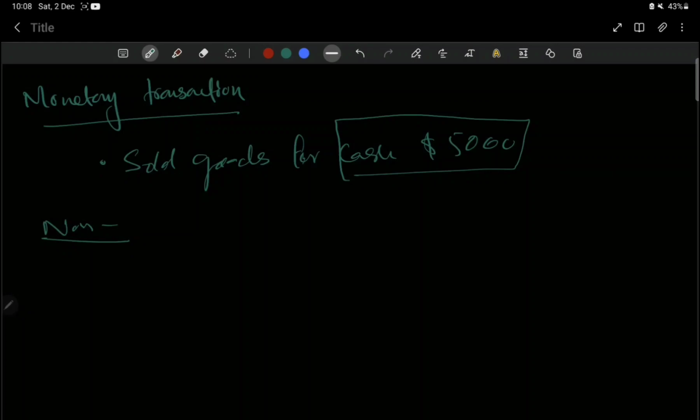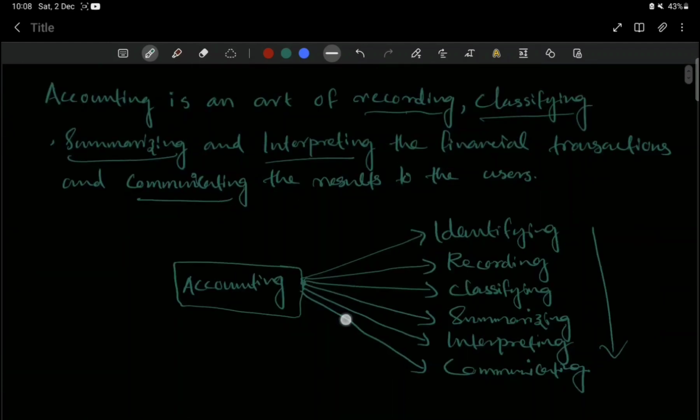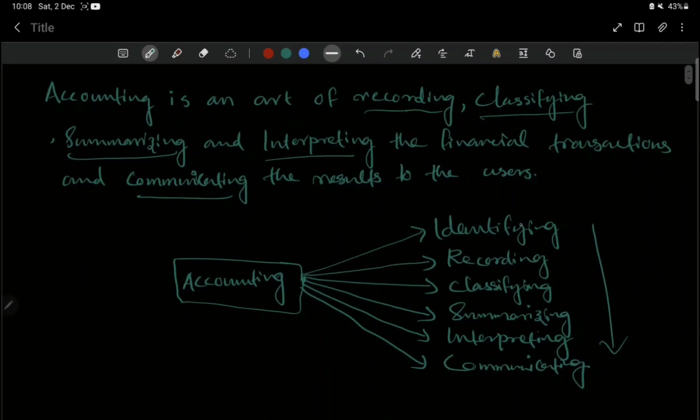Non-monetary transactions include the skill of the employee, the hard work of the employer, etc., which will not be considered, right? If there is any monetary aspect, that will be considered for recording the transaction. Only the monetary transaction will be considered, and that is called identifying, whether it is a monetary or non-monetary transaction. That is the first process of accounting.